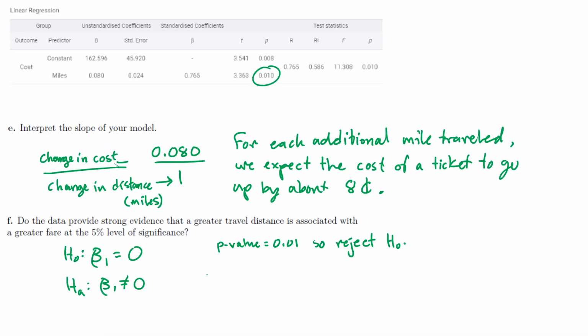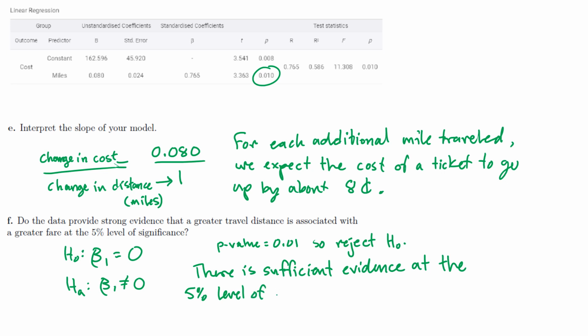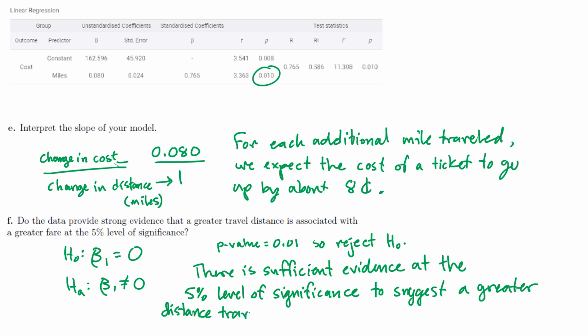So we reject the null hypothesis, so that means there is sufficient evidence at the 5% level of significance to suggest a greater distance traveled is associated with a greater cost of ticket.